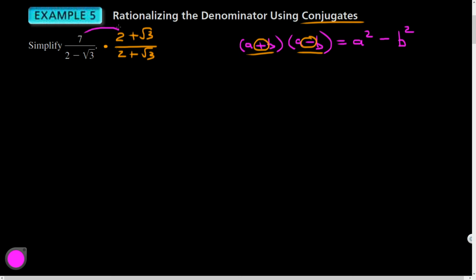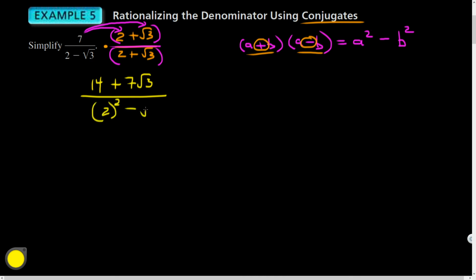One thing to be aware of is that this fraction bar behaves as a grouping symbol, as though it's in parentheses. 7 times 2 is 14. 7 times rad 3 is 7 rad 3 over, now notice this, 2 minus rad 3 times 2 plus rad 3. Sum and difference pattern, it's just going to be a squared minus b squared.